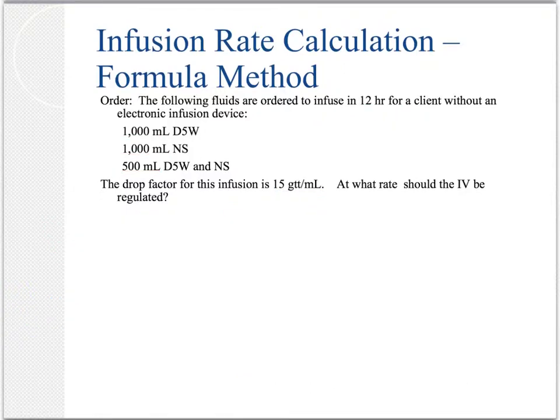As we reviewed in class, you may also use the unit rate or hourly rate in this formula. The hourly rate, or X milliliters per hour, is found by dividing the total volume, which was 2,500 milliliters, by the total time of 12 hours.